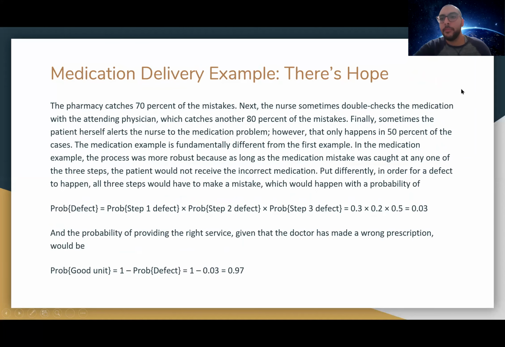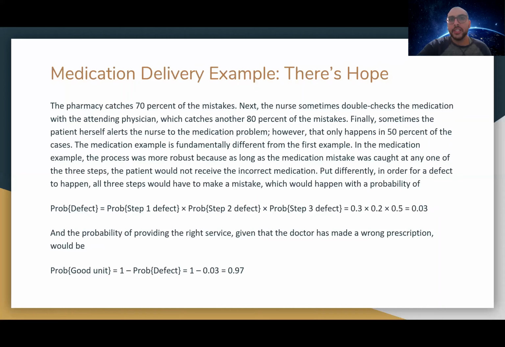And the second example that we have is the medication delivery example. And I like to call this there is hope. That means if there is an error somewhere in the process, but it gets caught, then we will end up with a good outcome.